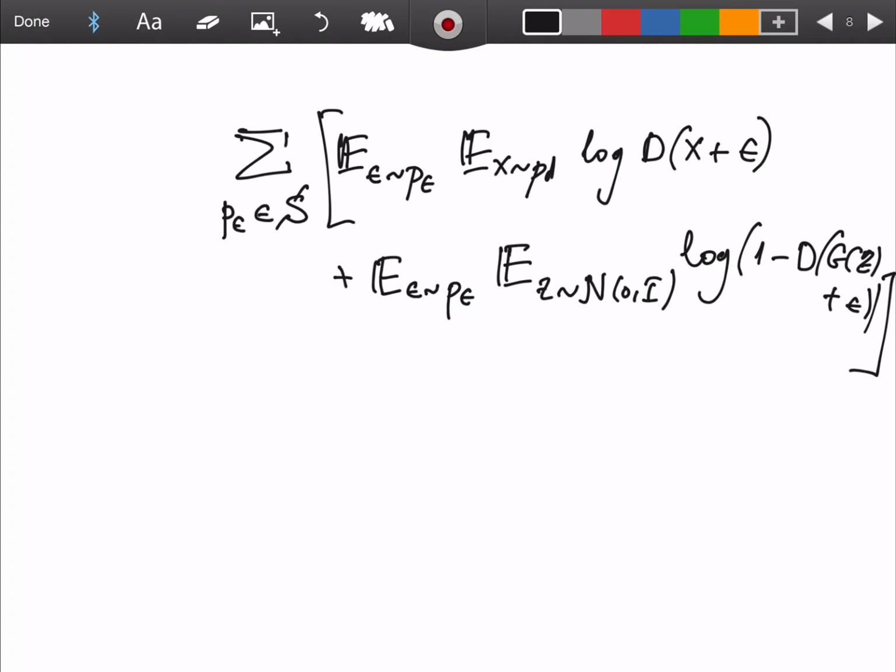And you can easily show that, again, the discriminator will have a closed form solution, but now instead of one density, it will be a sum of densities.